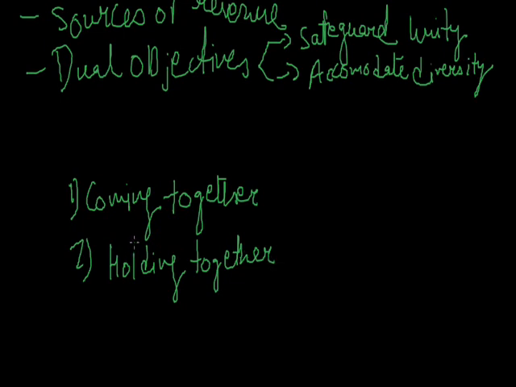In coming together, independent states come together on their own to form a bigger unit. Means they come towards each other to form a bigger unit. And why do they do so? Means in coming together, what are they gaining and what are they losing?